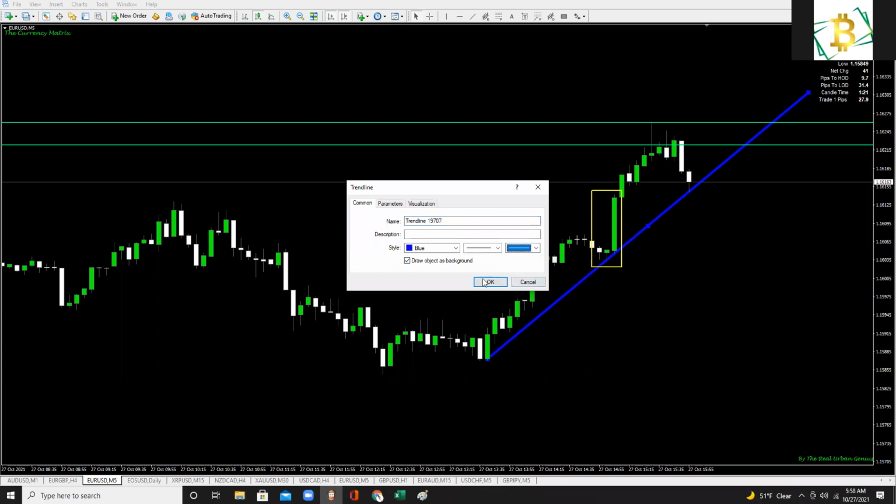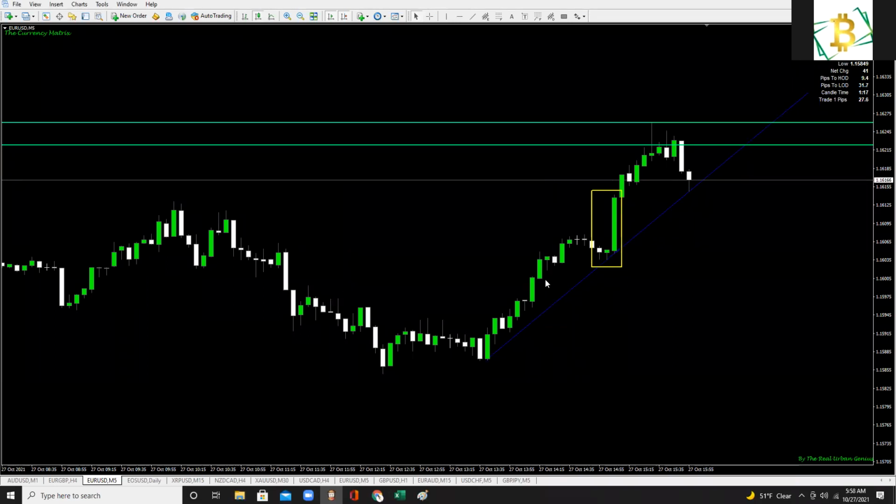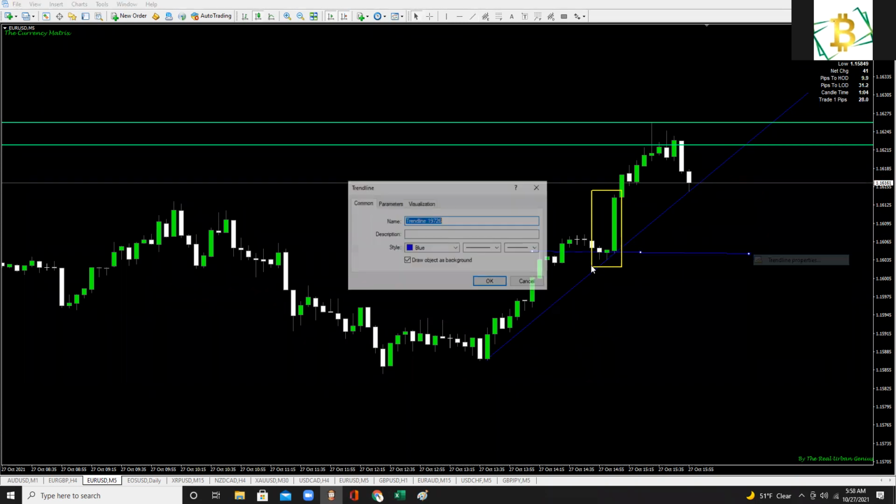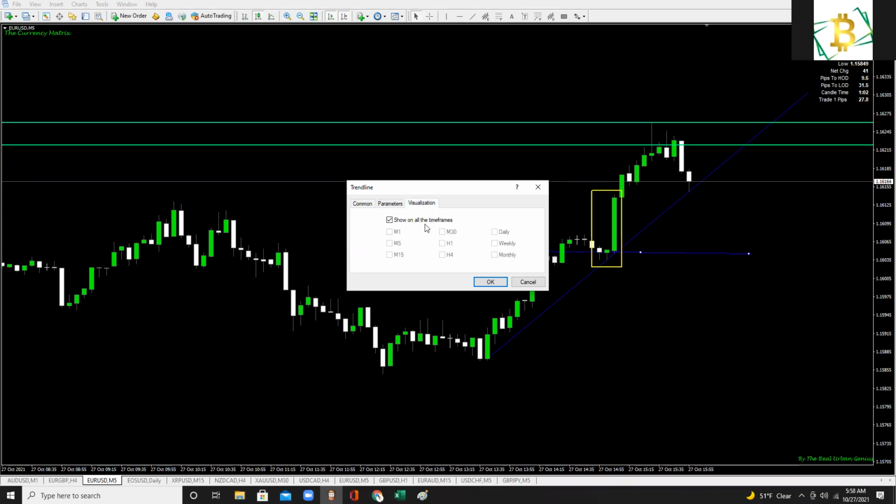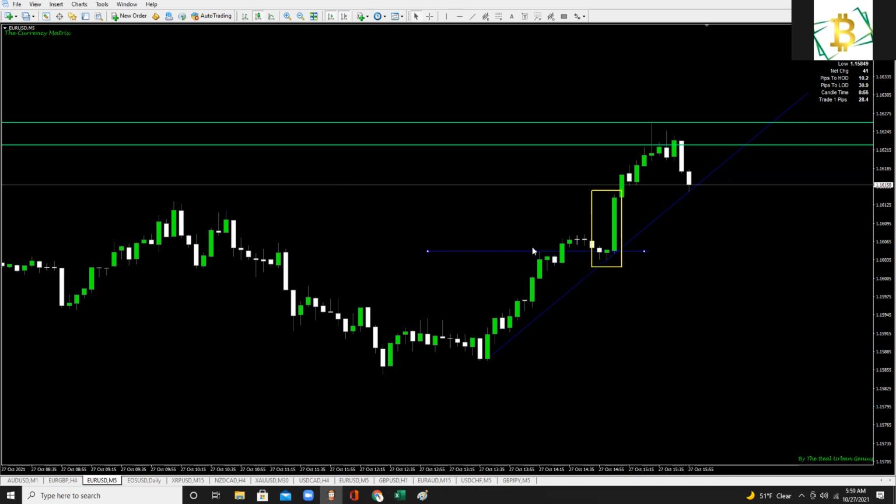Here's the trend line. Now, as far as the swing high, we got the low, bulls, bulls, bulls, bulls, bulls. Right here would be your baseline or your resistance area, because this is the peak of the candle that formed the high.